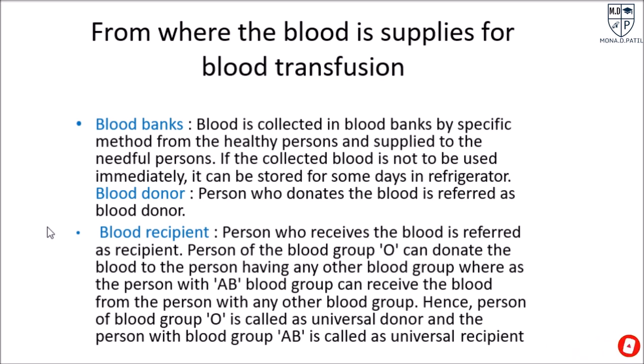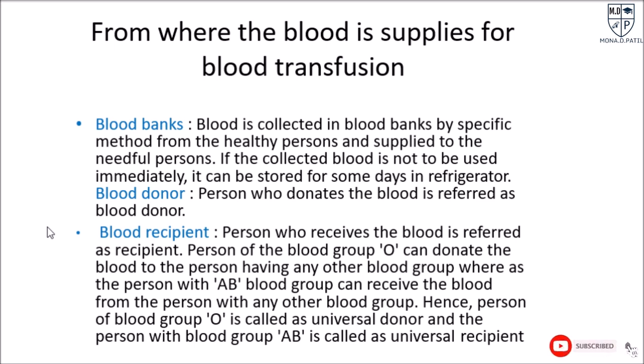A person of blood group O can donate blood to a person having any other blood group, whereas a person with AB blood group can receive blood from a person with any other blood group. Hence, blood group O is called the universal donor, and the person with blood group AB is called the universal recipient.